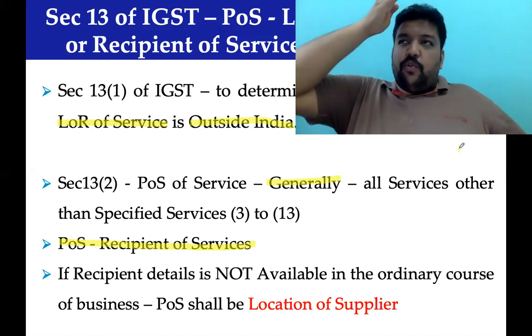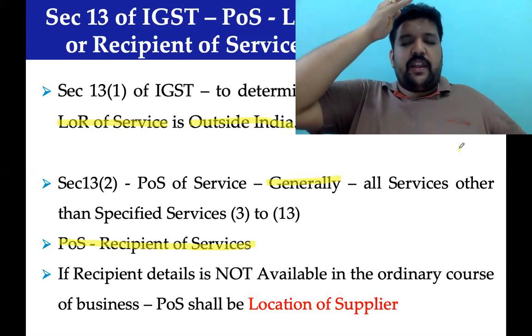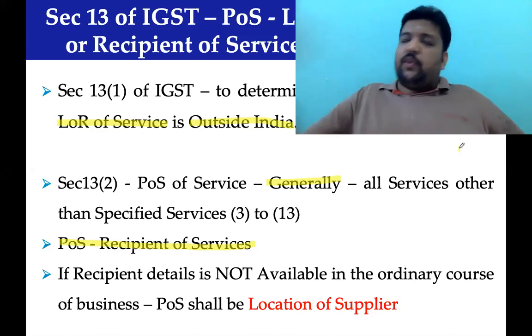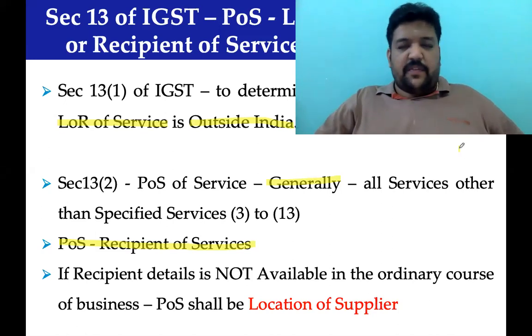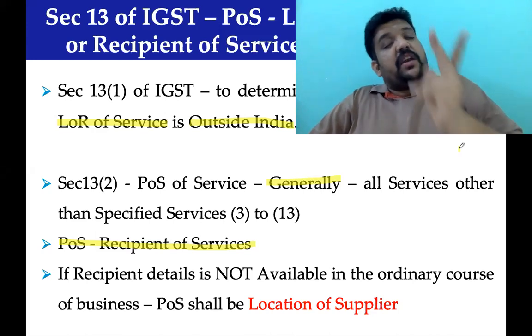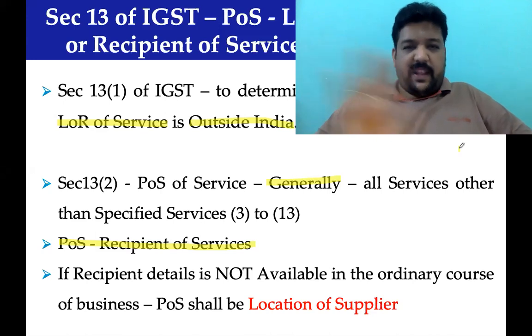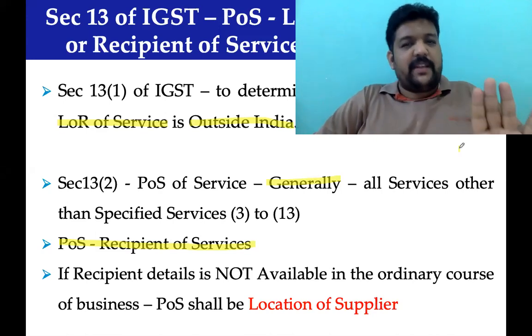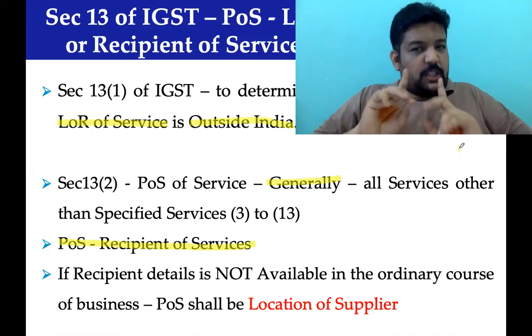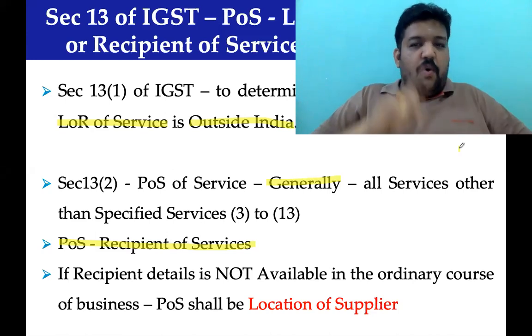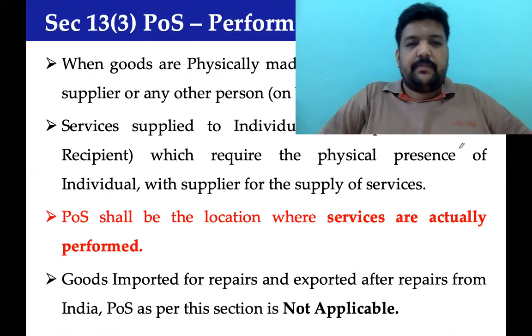No, we have to rule out 3 to 13. If it is covered between 3 to 13, then that is place of supply. Place of supply has to be determined only that way. If 3 to 13 is not applicable, then only we will come to the general entry. So it's always specific versus general. Specific will prevail over a general entry. This is a general entry.